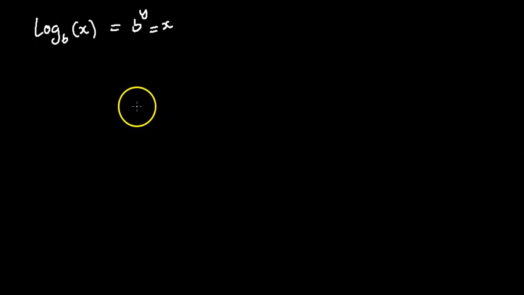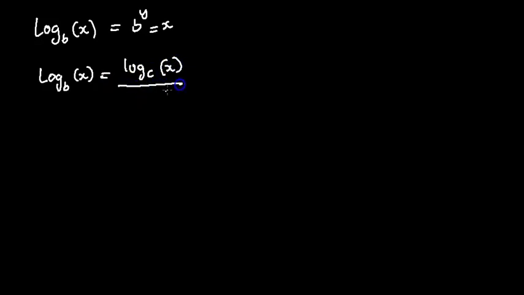What about the next one? Let's say you are asked to find the change of base formula. In this case, the change of base formula is given by log base b of x. This is simply going to be log base c of x divided by log base c of b.